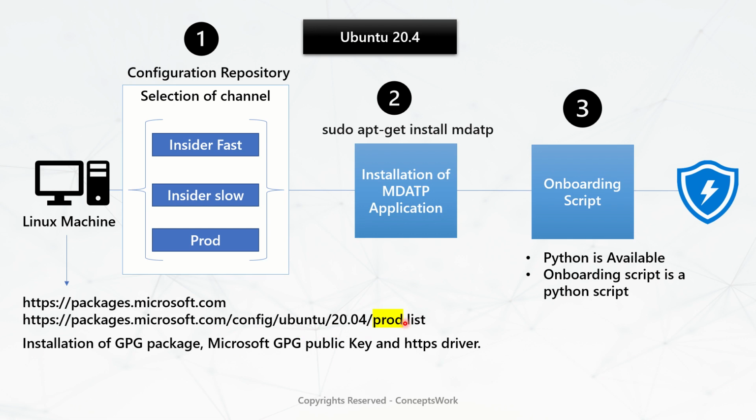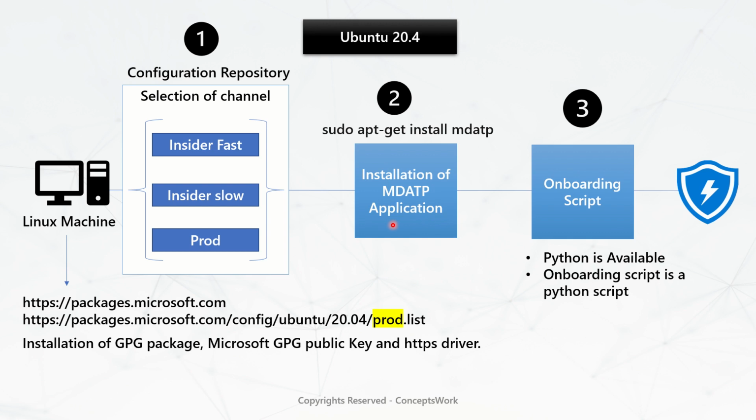Now, once the configuration of repository is completed, you have to install the GPG package. You have to add a public key, the Microsoft public key, and then you have to install the HTTPS driver if at all it is missing. Okay. Then step number 2 would be installation of the MD-ATP application.